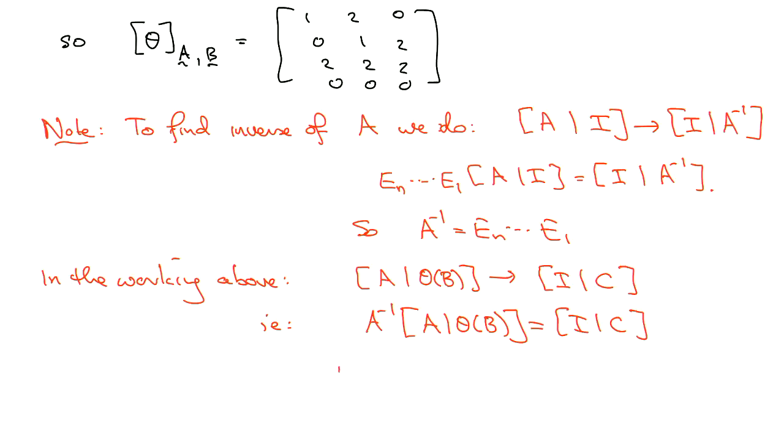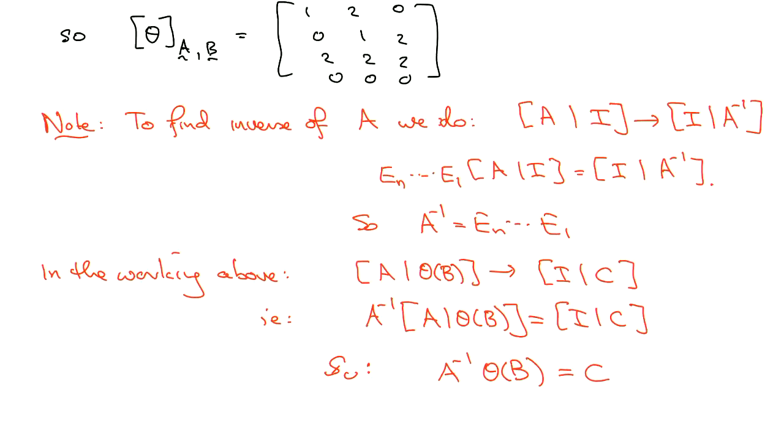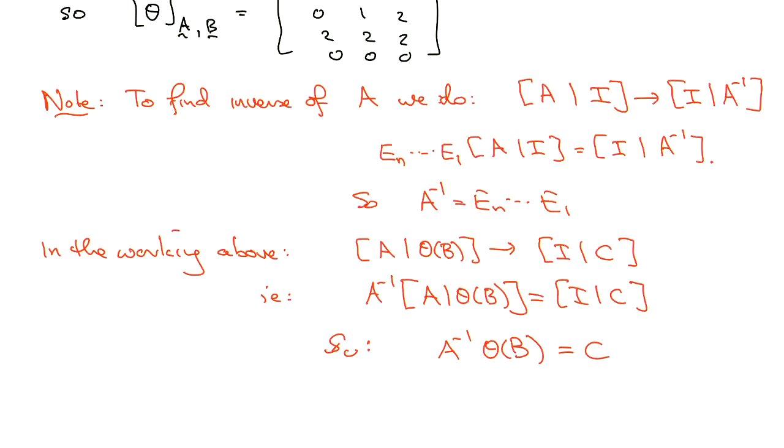Therefore, A inverse theta of B equals C. So we have another method we could have used to solve this system of equations, which is to instead multiply by the inverse.